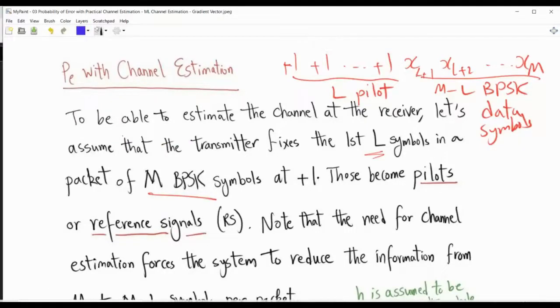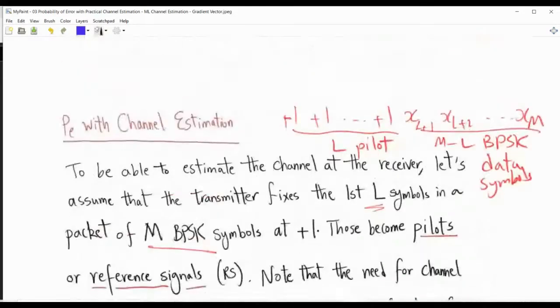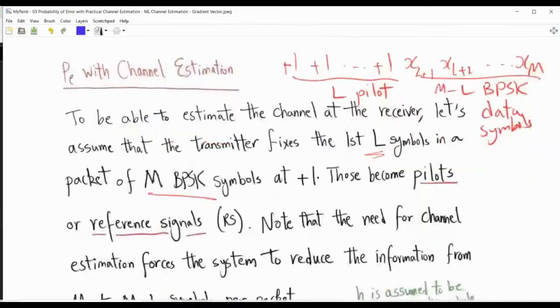Now, what is the received signal model? Nothing fanciful. For the pilots, Y_k, where k is from 1 to L, you get square root SNR times H times 1. I omitted the symbol here because we agreed that the pilots will all be fixed at +1.